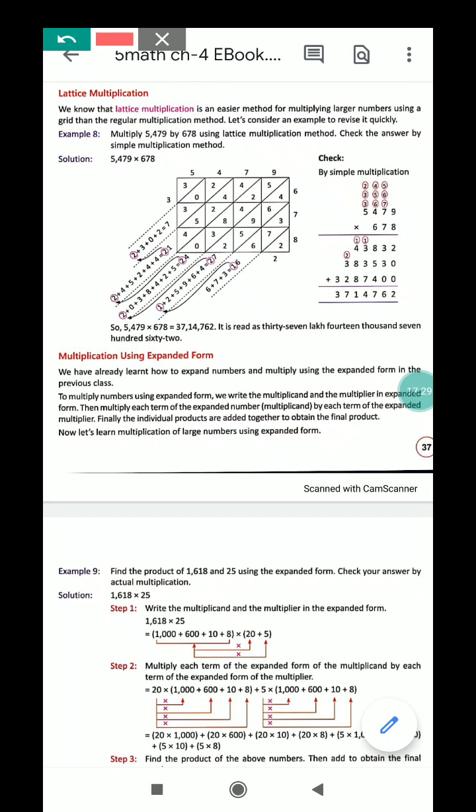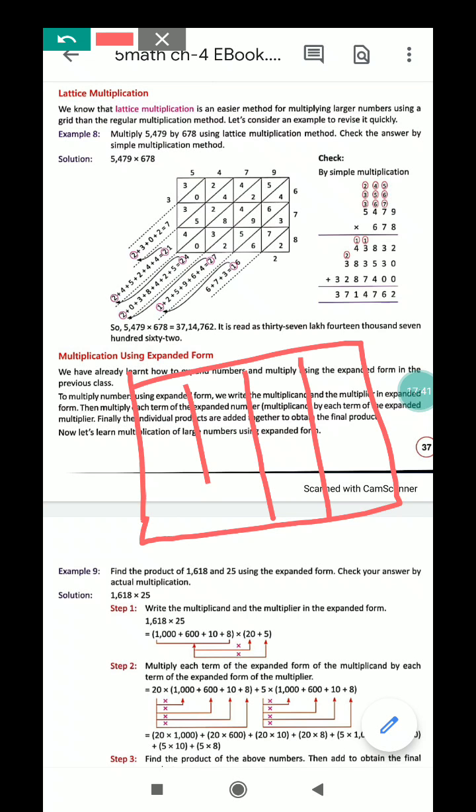Okay, after that we will divide these grids like this. Okay, you've got it?